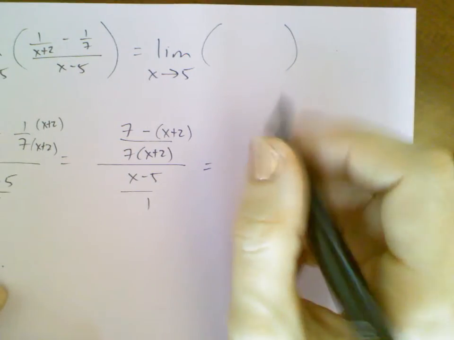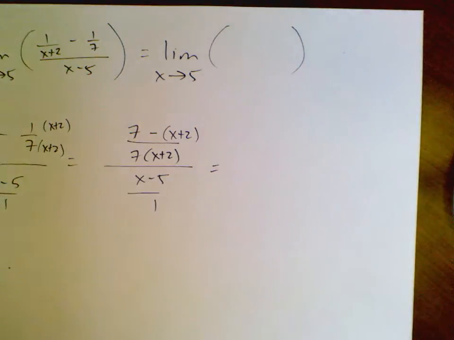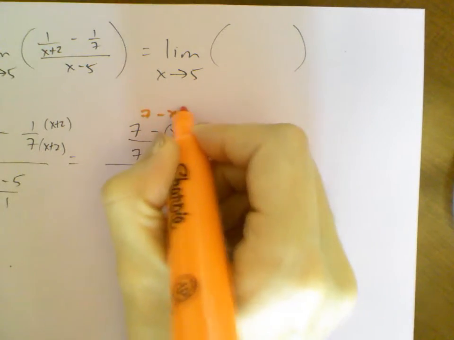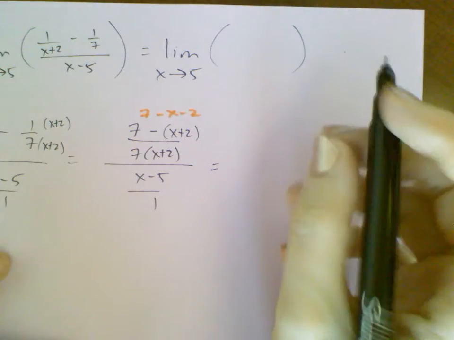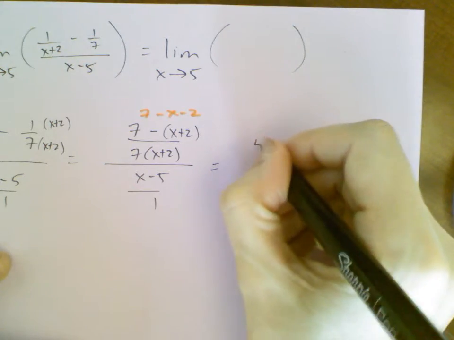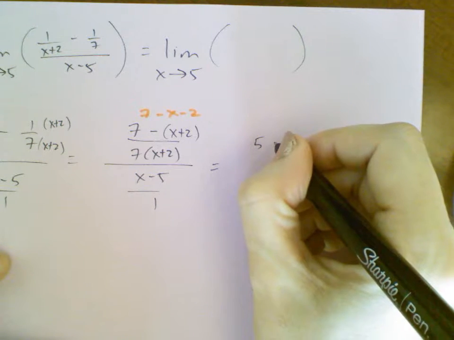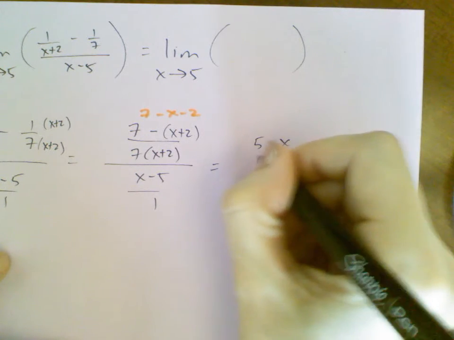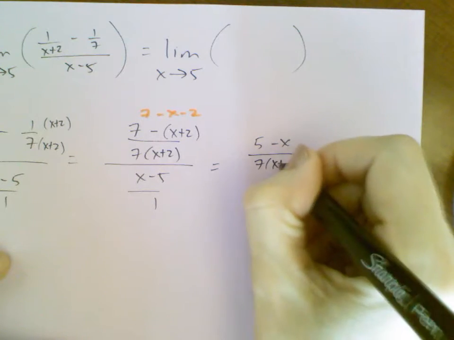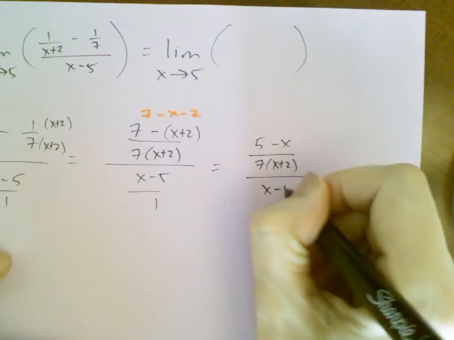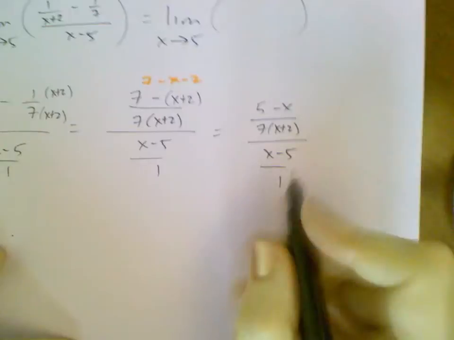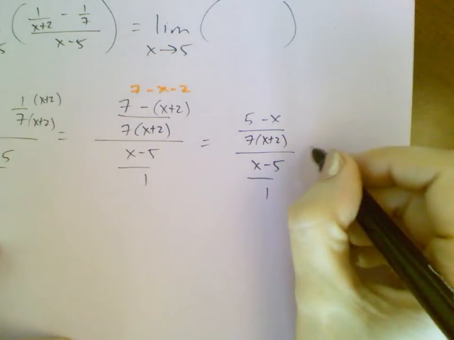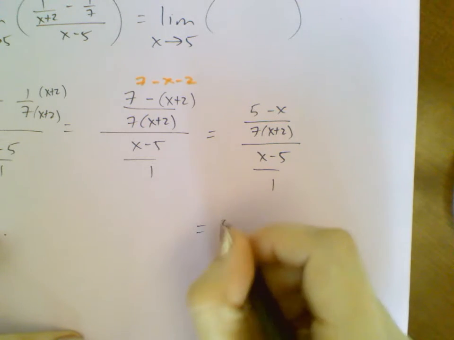So this up here is 7 minus x minus 2. That ends up being 5 minus x over 7. Then keep, change, flip.